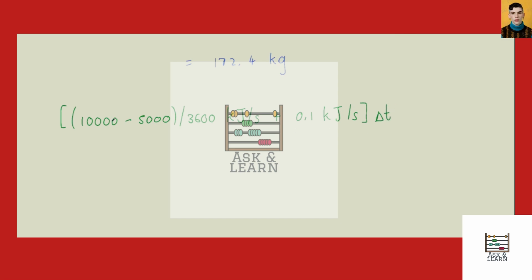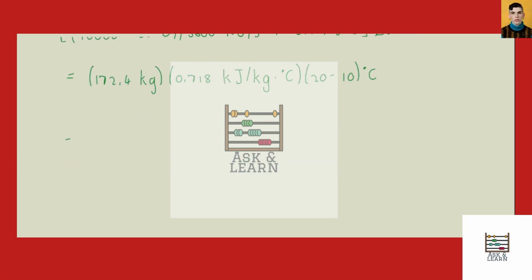So our rates of change of energy in and out of the system is equal to the right-hand side of that equation, which is firstly the mass of air, 172.4 kg, times c_v, which is 0.718 kilojoule per kg degree Celsius, times a change in temperature of 20 minus 10 degrees Celsius.